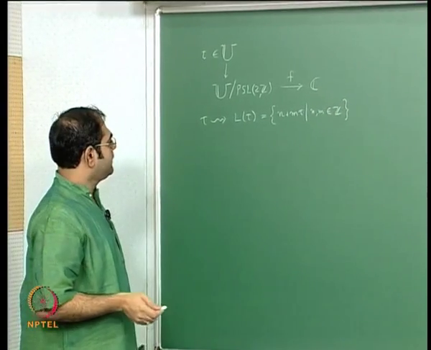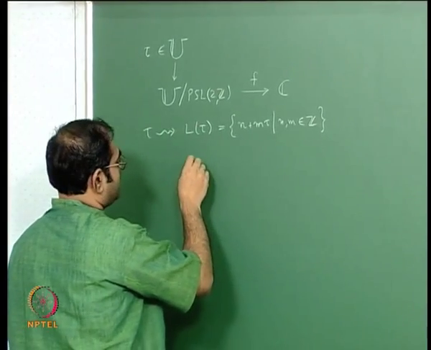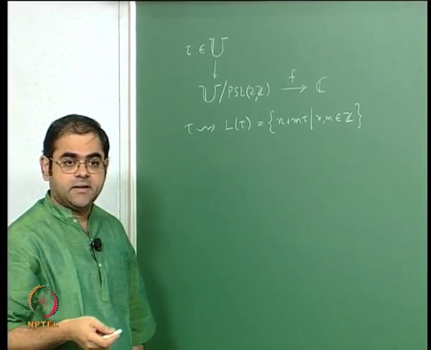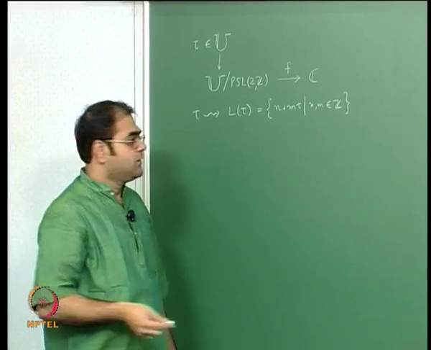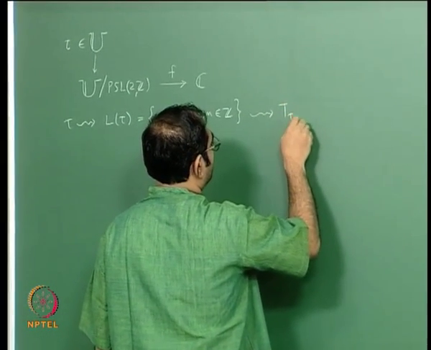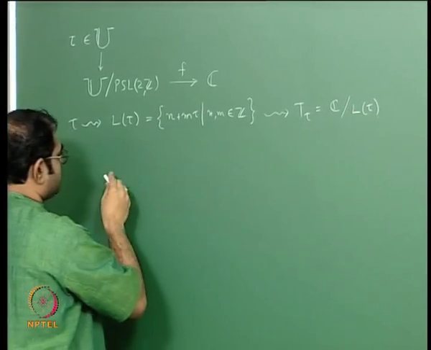And then you can take the complex plane and divide by this lattice to obtain a complex one dimensional torus, okay. So this gives rise to T tau, which is C mod L of tau.